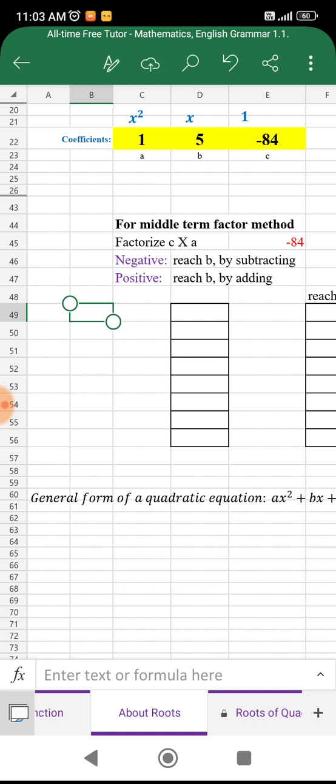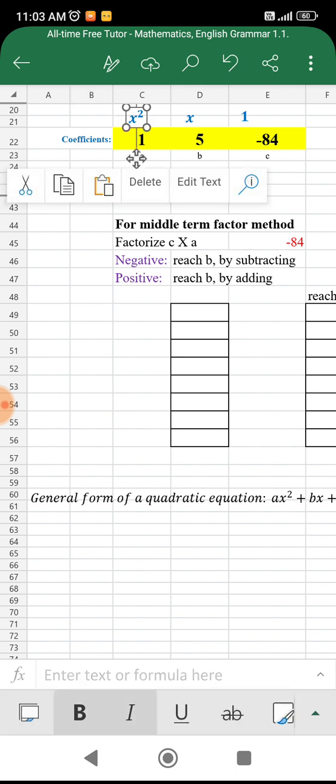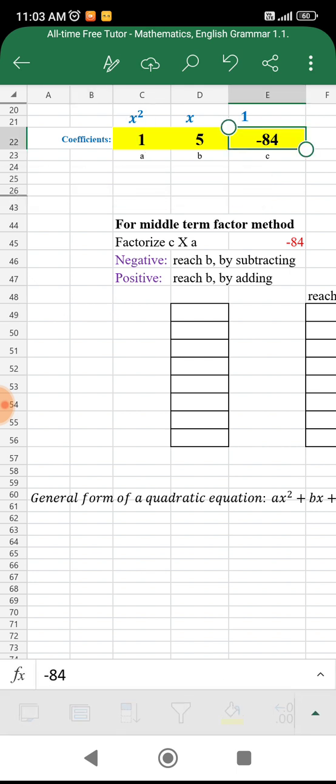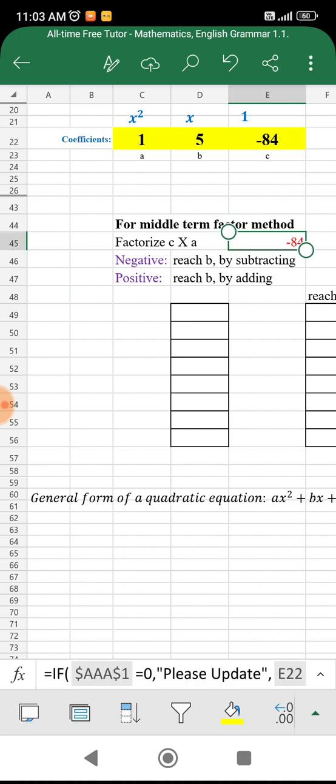Suppose this is my equation: 1, this is 5 and this is minus 84. So A into C will be minus 84.